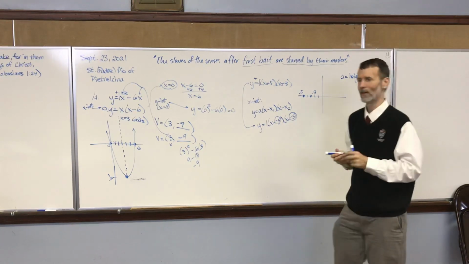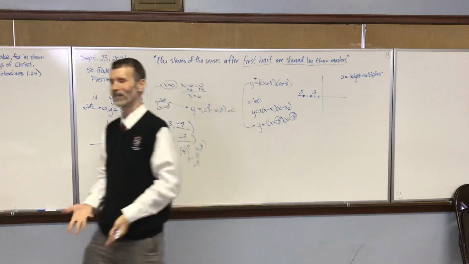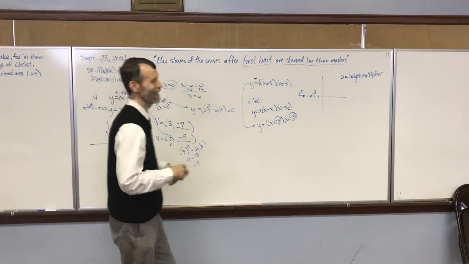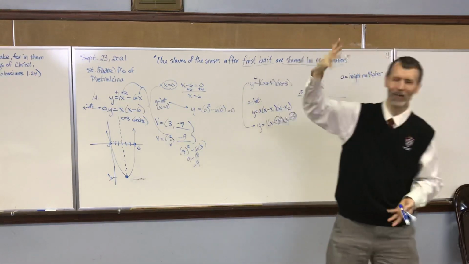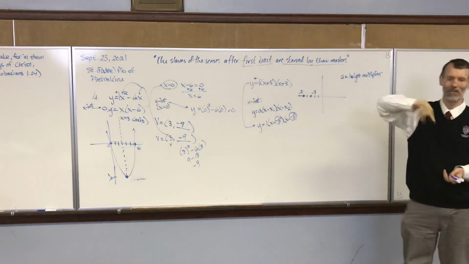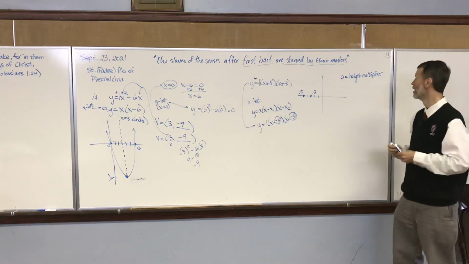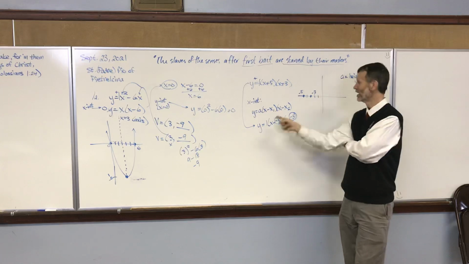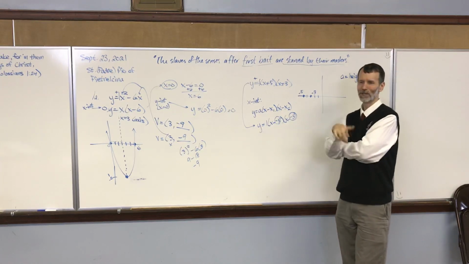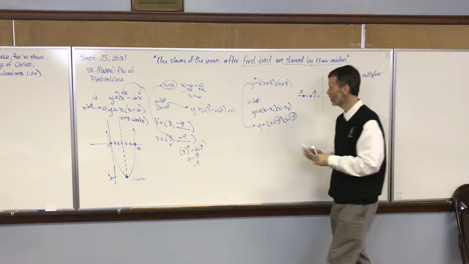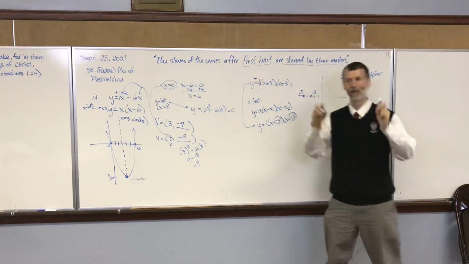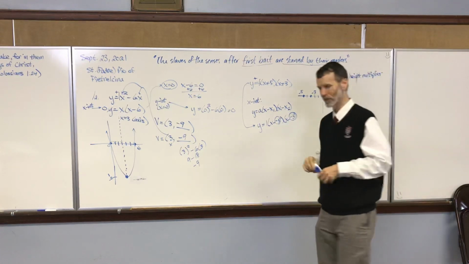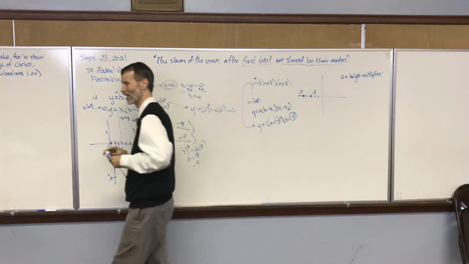A is the height multiplier, which means if a is positive, it's going up. If a is negative, it's opening down. If a happens to be 2, then it's twice as tall. If a is negative 2, then it's twice as tall and going downward, and so on. So in this case, the height multiplier is 1. That tells us 2 things. It's normal height, over 1 up 1, over 2 up 4. And it's also positive, which means it's opening upward. Just sleuthing this, Nate, would the vertex be above or below the x-axis?